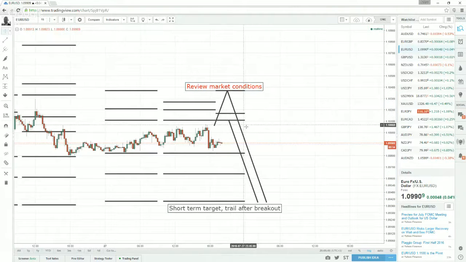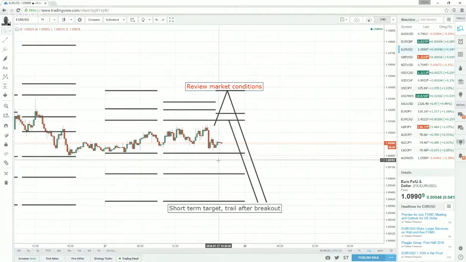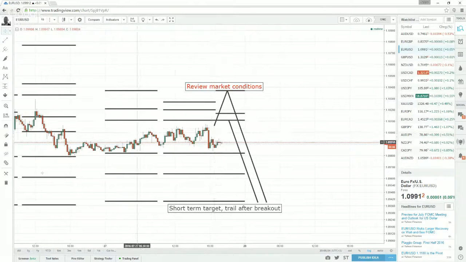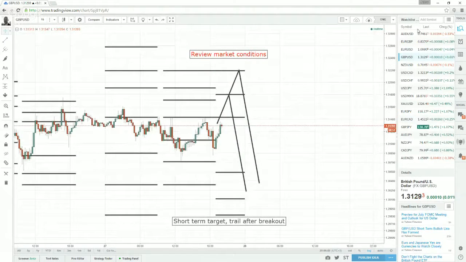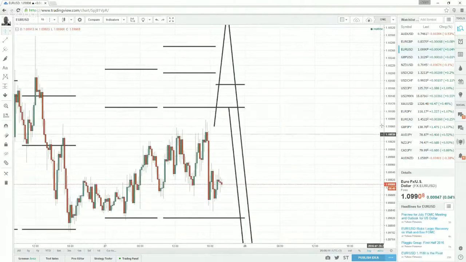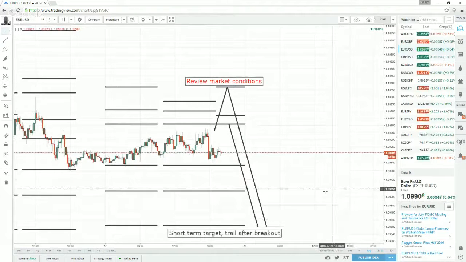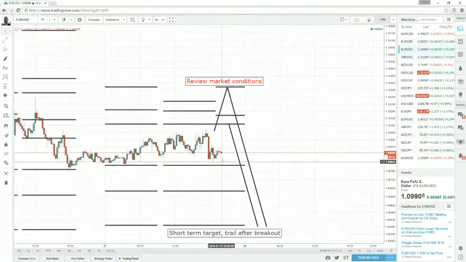Okay, so what most of us are doing is trading the breakout. Most of the traders are trying to sell with a sell stop order and buy with a buy stop order. But what I would suggest is, well, it may work with pound dollar, usually it does, but with euro dollar, most of the time it works with a limit order.